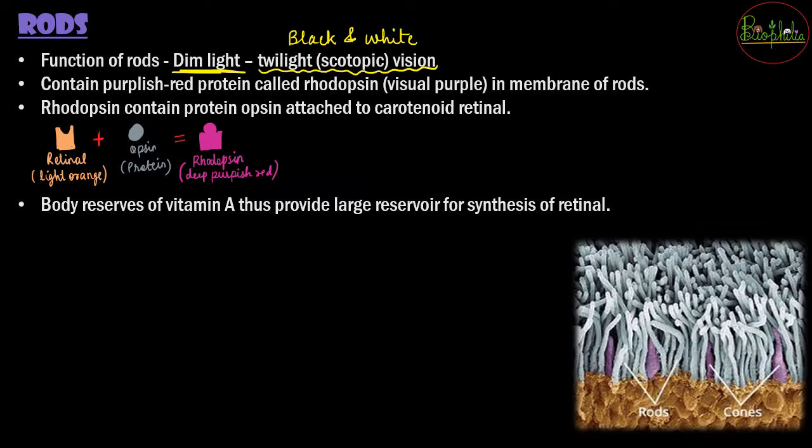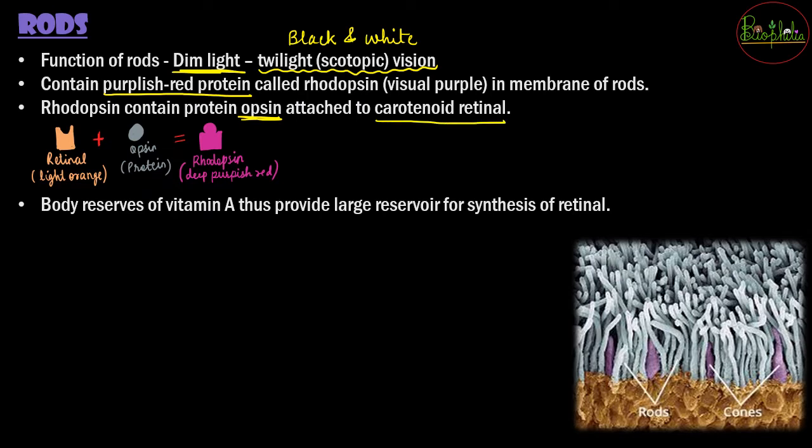These are going to sense light because they have a purplish red protein called as rhodopsin, or even called as visual purple. So these are present in the membranes of rods, and because the rhodopsin is a protein containing opsin. So opsin नाम का एक protein है which is having carotenoid retinal.